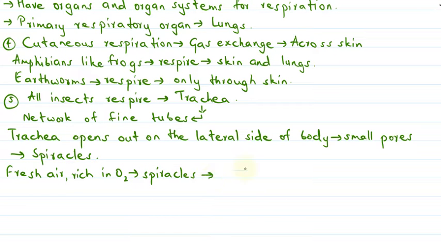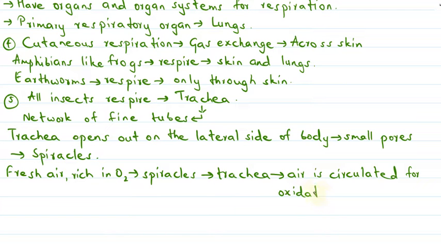Then from spiracles such air moves into the trachea, and further from the trachea this air is circulated for the oxidation of food. Okay, so this is how the air is entering.